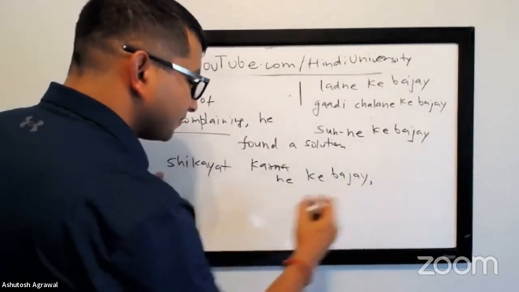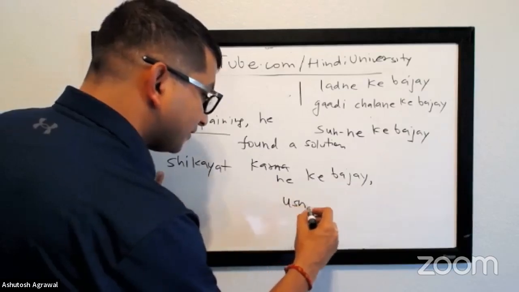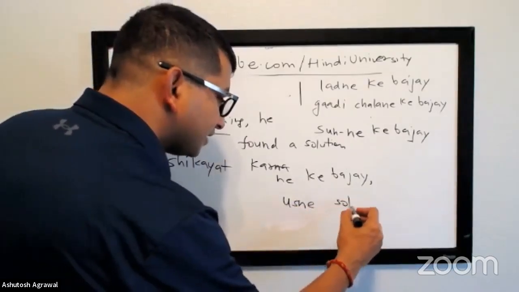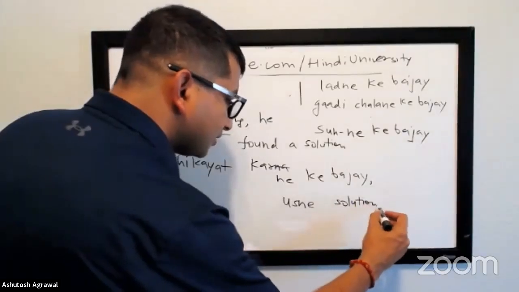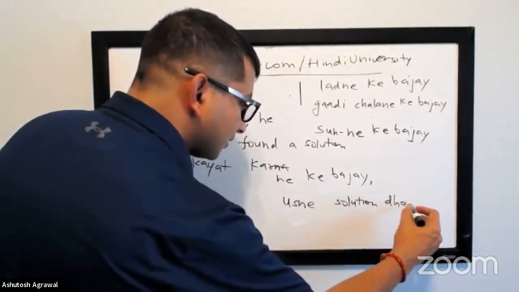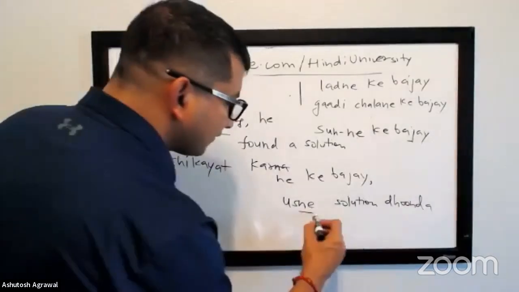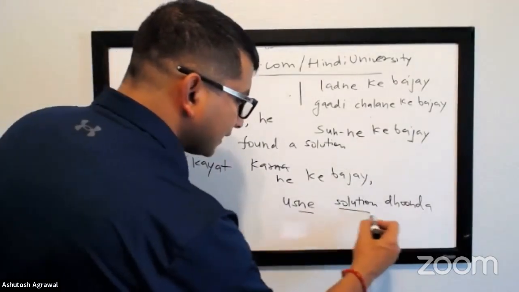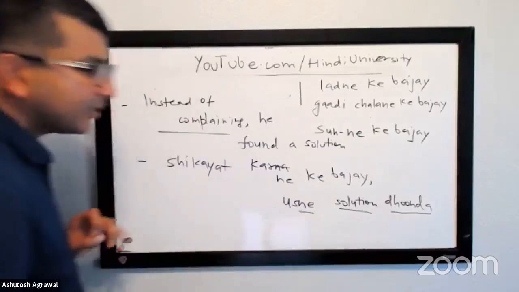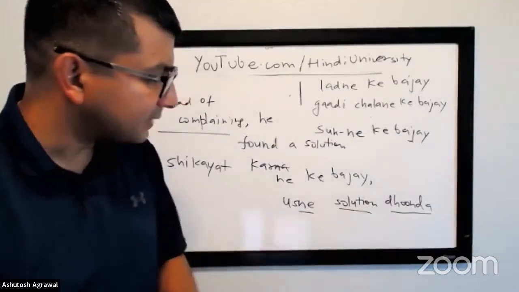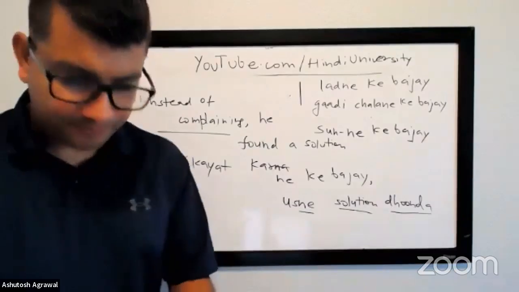उसने सॉल्यूशन ढूंढा, और, no, उसको सॉल्यूशन मिला. I don't know how to say found the solution. So this is correct, what you said. उसने solution ढूंढा. Like so, it's like the transitive verb. So you use the वह plus ने, उसने, and then solution, and then ढूंढा. ढूंढना is the verb, but in the past indefinite you're going by the solution.